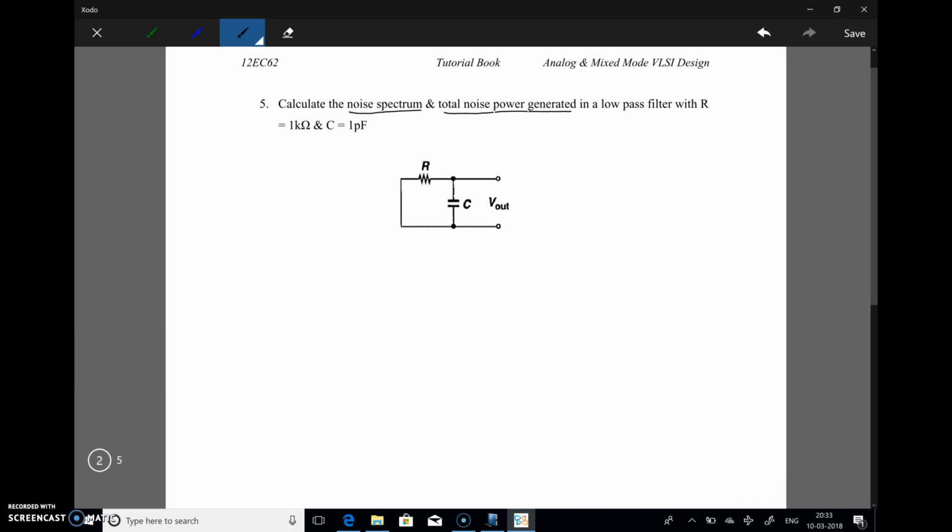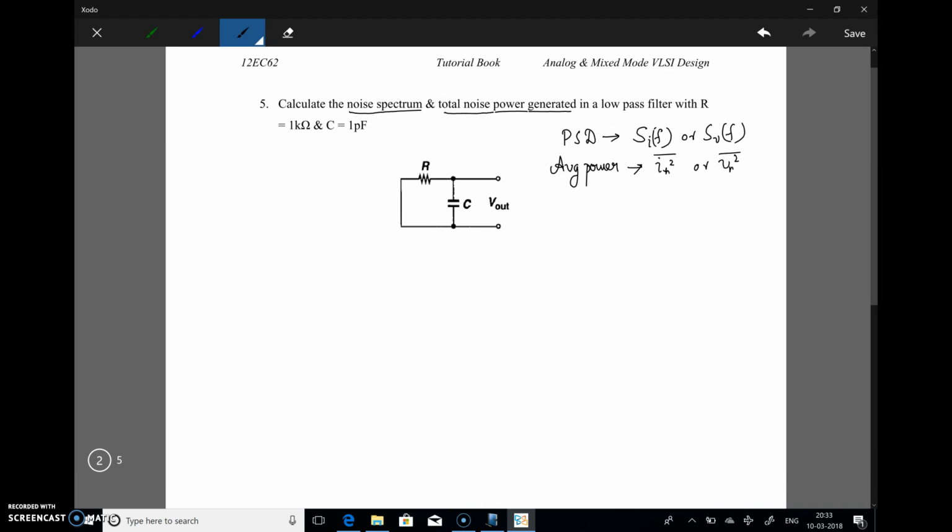If you would have listened to the previous lectures, you would have noticed two things that we have learned. One is power spectral density, either SI of F or SV of F. And the second one is average power, which we have written as In square bar or Vn square bar.